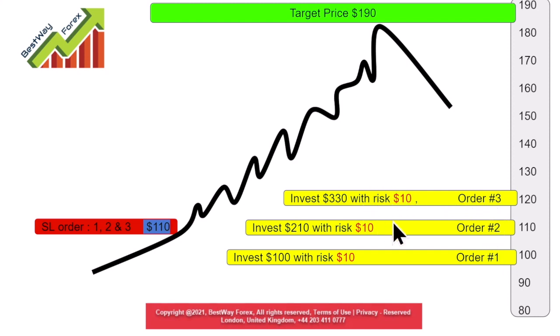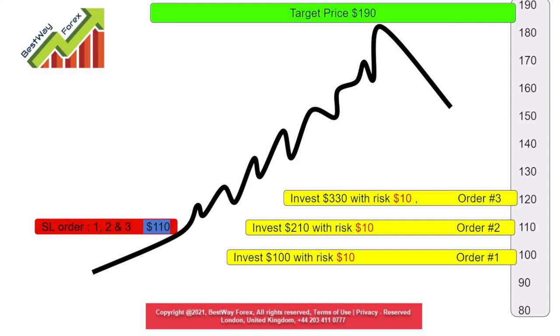At the moment we have increased our investment from 100 to 330, but still we are just risking $10 here. Why? Because if the price drops from here, we will lose $10 on this one, this one is break even, and this one is making $10. So basically from order number 3 you are losing no money, absolutely no money.